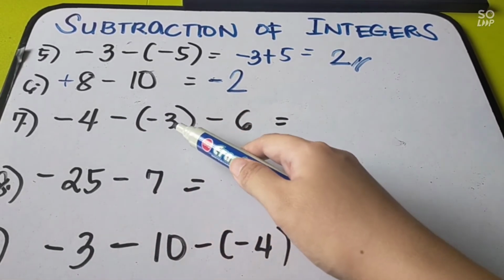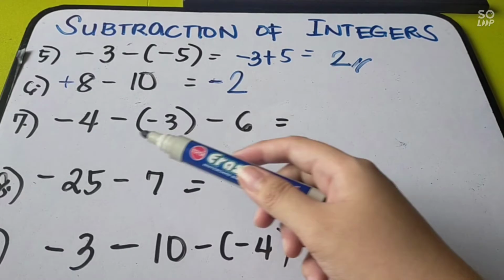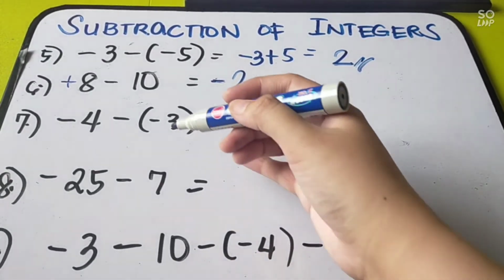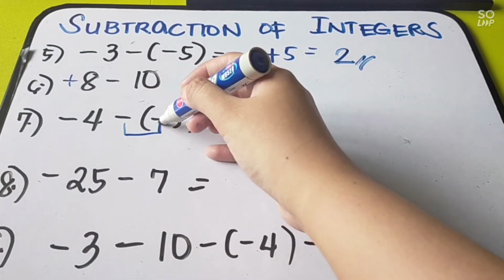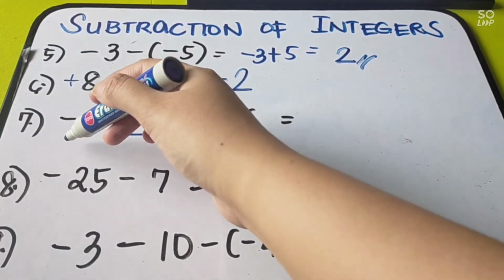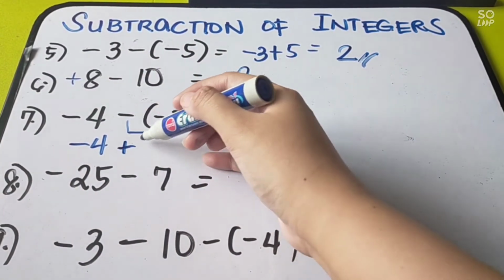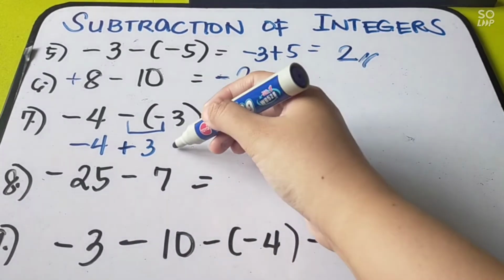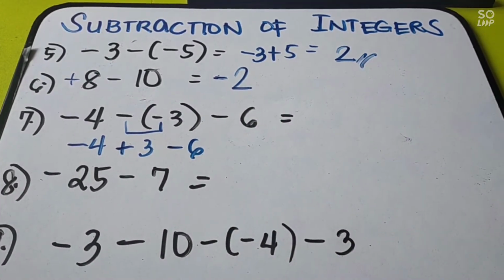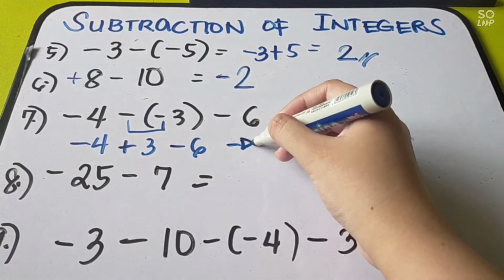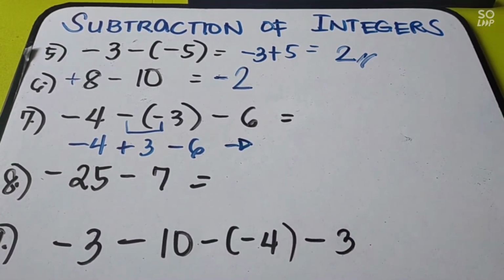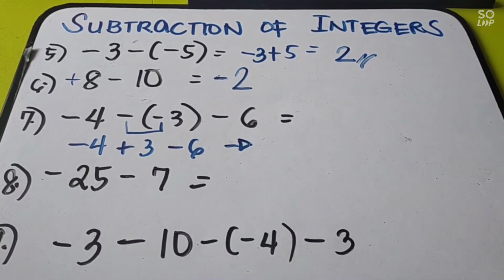Negative 4 minus negative 3 minus 6. Meron tayong tatlong terms dito. So, yung may dalawang negative, i-simplify mo muna siya. So, this one just copy 4. Negative 4, then this one magiging plus 3. Then, minus 6. Okay. Afterwards, mas madali kung pagsamahin mo muna yung may same ang sign kasi i-add mo lang naman siya.